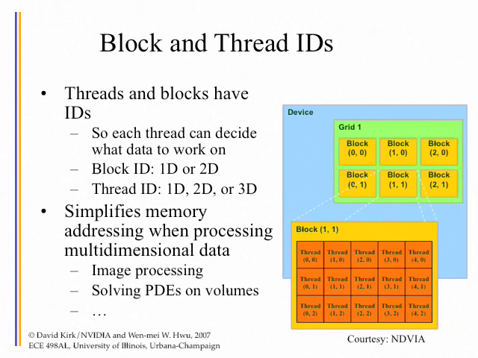Block and thread IDs are accessed through keywords. Remember, there was a keyword, thread index, and block index. Those are the 2 keywords for you to access your ID within the organization. So all the threads will know exactly where they are in terms of the organization through those 2 keywords.